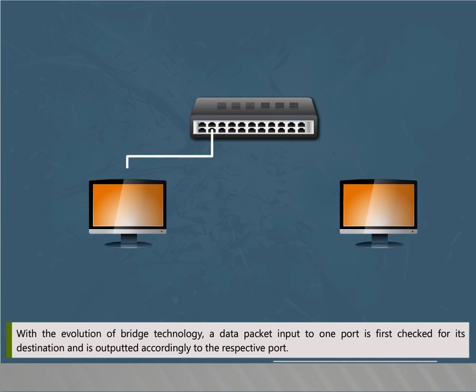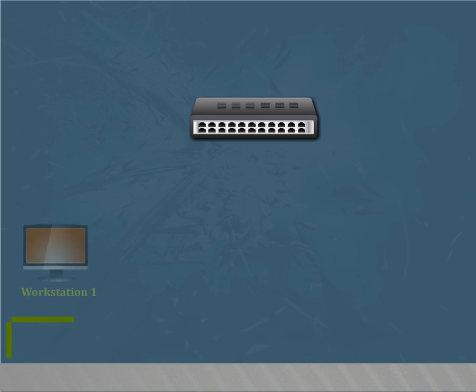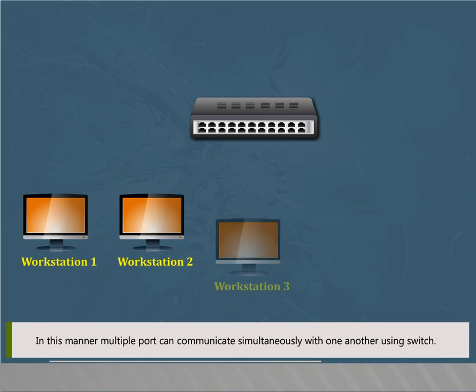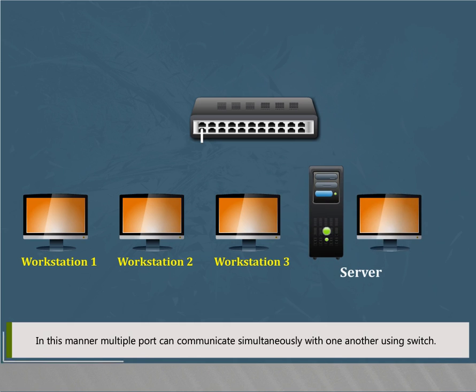With the evolution of bridge technology, a data packet input to one port is first checked for its destination and is outputted accordingly to the respective port. In this manner, multiple ports can communicate simultaneously with one another using a switch.